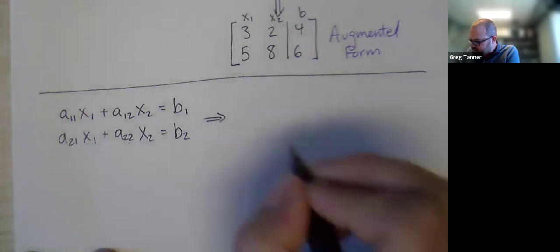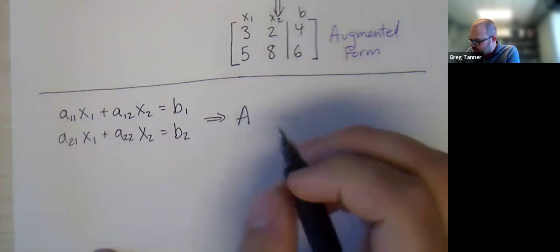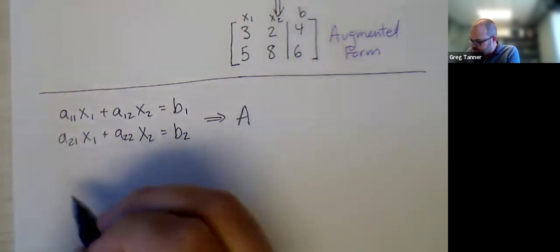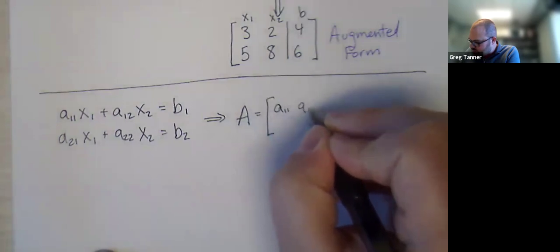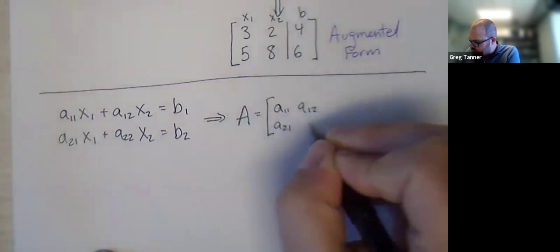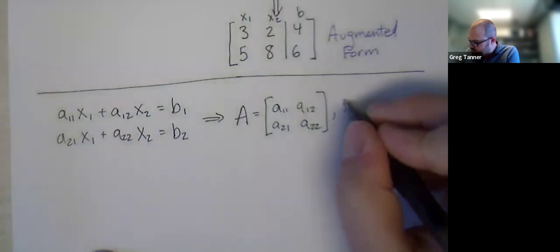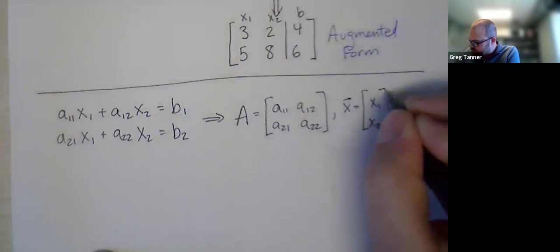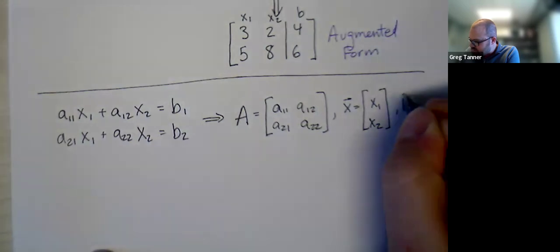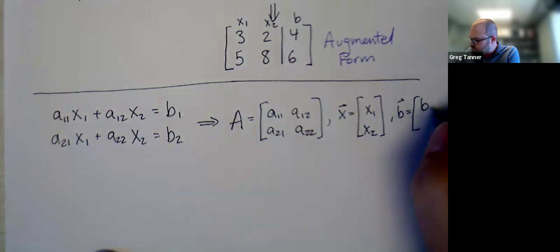And then I could think of this as being an A matrix, where the A matrix is formed from the coefficients: A11, A12, A21, A22. An X vector with my two variables in it. And then my right-hand side vector that I'll denote B. These are usually known quantities for the B vector as well.